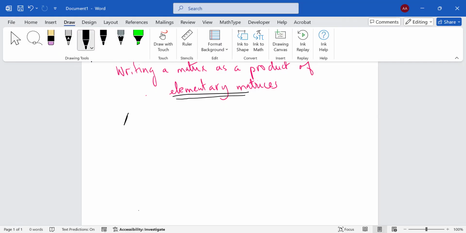If I have my matrix A is 1, 2, -1, 3, right? This is the identity right here, 1, 0, 0, 1, identity size 2.